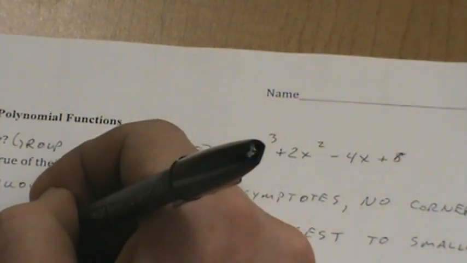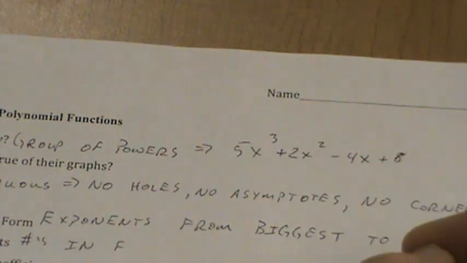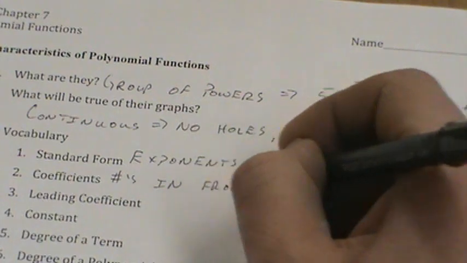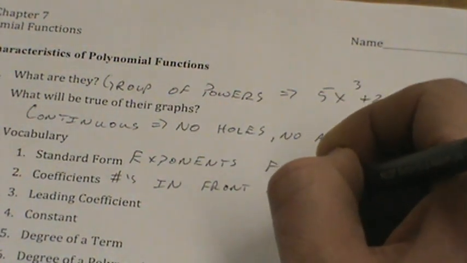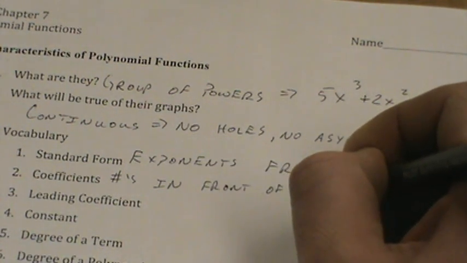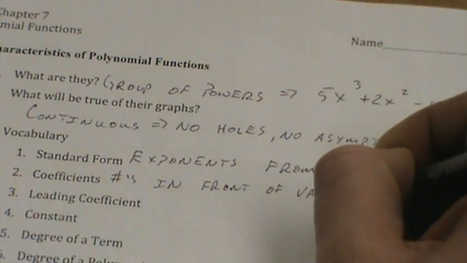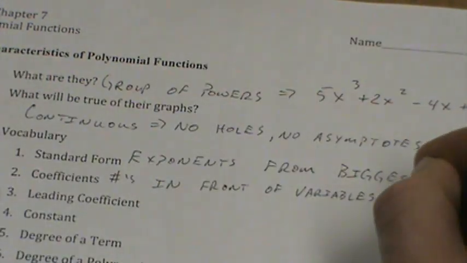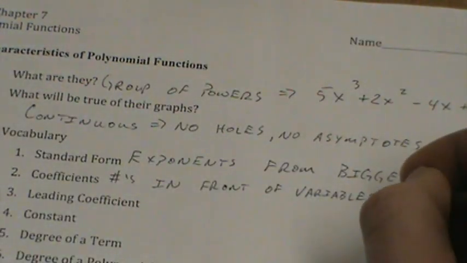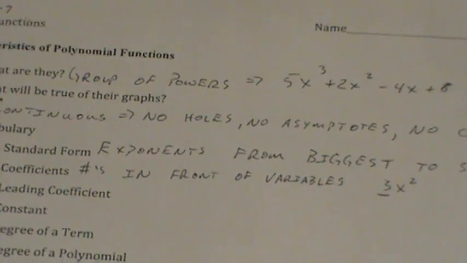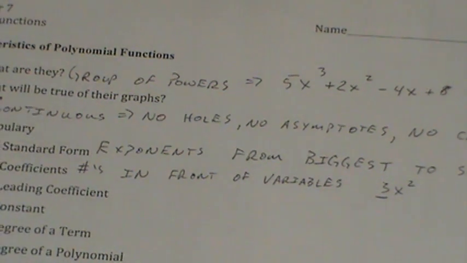The coefficients are numbers in front of variables. So for example, if I have 3x squared, the 3 is the coefficient because that's the number that comes in front of the variable. The lead coefficient is the coefficient in front.